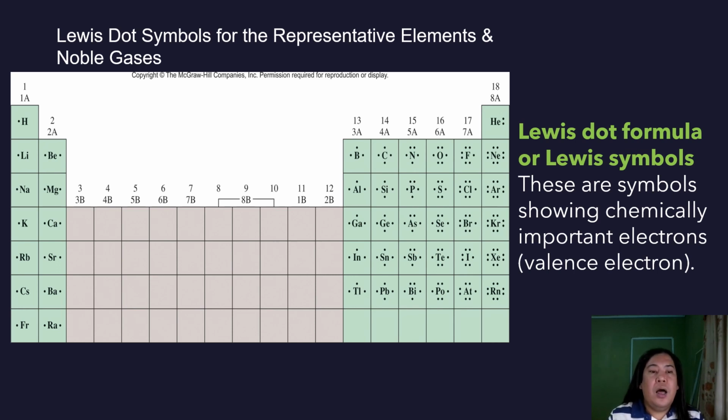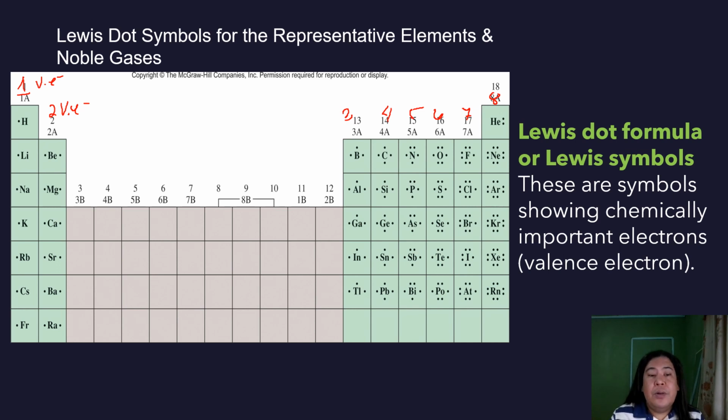Okay, so all elements belonging to group 1A, the valence electron is 1, and then this is 2 valence electron, 1 valence, and then this is 3, 4, 5, 6, 7, and then 8 valence. So the Lewis dot symbol represents the valence electron. So all elements belonging to group 1A have a valence electron of 1, and the symbol also has 1 dot. Kaya ang hydrogen isang dot, lithium isang dot, sodium isang dot, and so on.